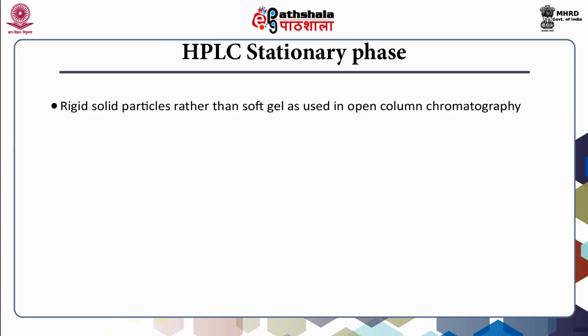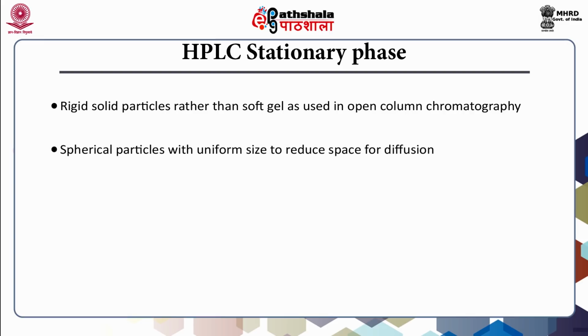And the second important property is that these solid particles should be spherical in shape. That means there should be spherical particles with uniform size to reduce space for diffusion. So, when the spherical particles are small and also spherical, they reduce the space for diffusion.